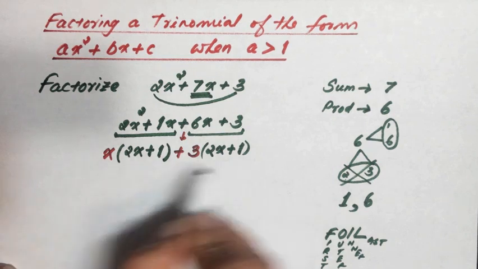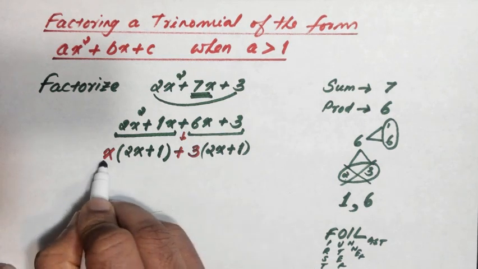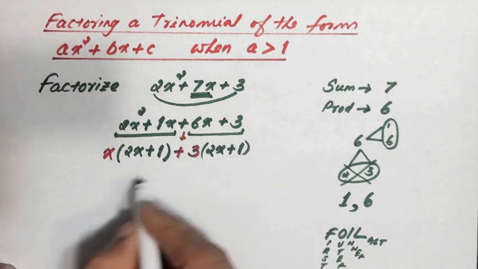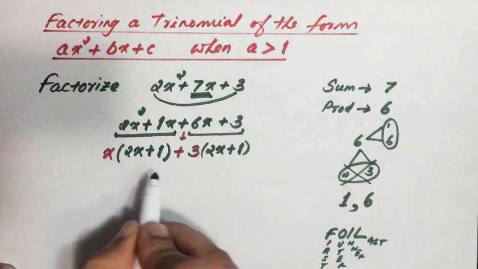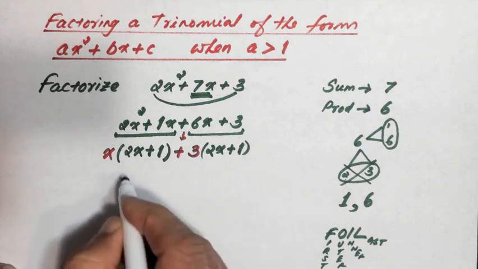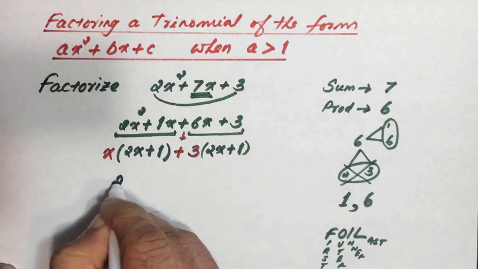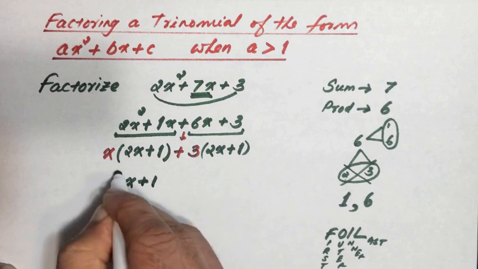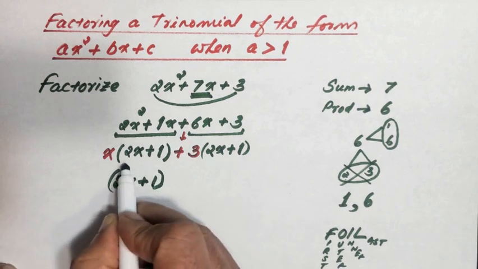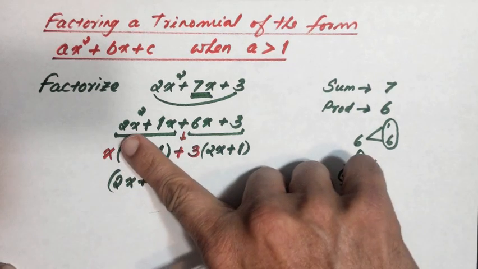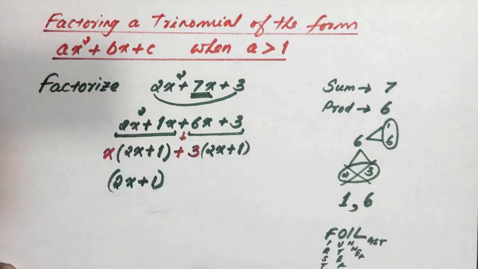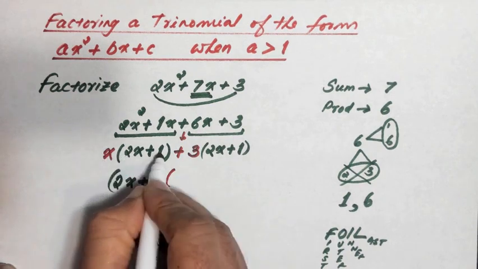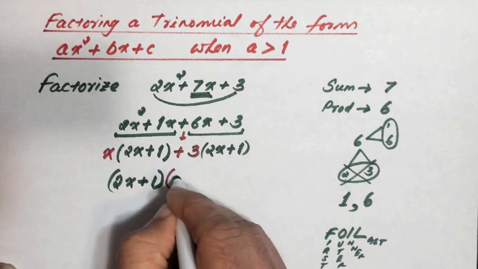So I have two terms in here. The first term is x times 2x plus 1. The second term is 3 times 2x plus 1. Now, again, we need to take the common factor out of the first and second terms, which is 2x plus 1. I'm using the same color so that you understand the process. 2x plus 1 is taken out. When you take 2x plus 1 out of the first term, you get x.